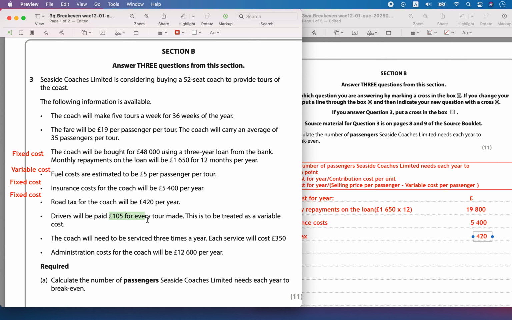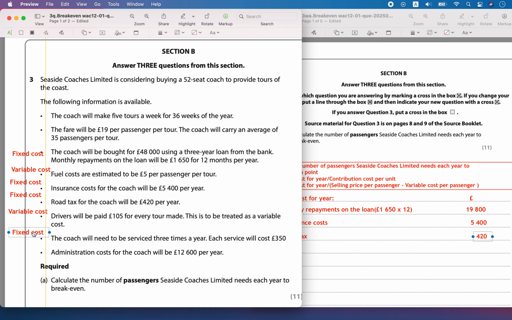The drivers will be paid 105 pounds per tour. This is treated as a variable cost, since it depends on the tours being made. Then the coach will need to be serviced 3 times a year. Each service will cost 350.